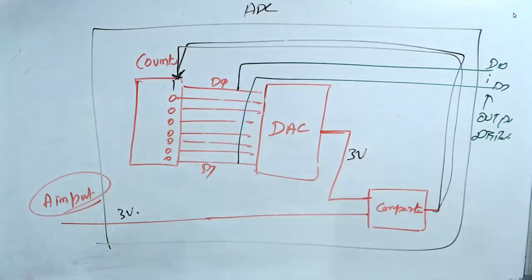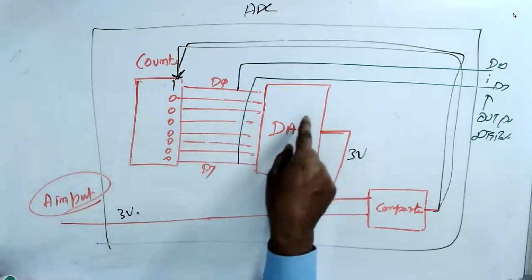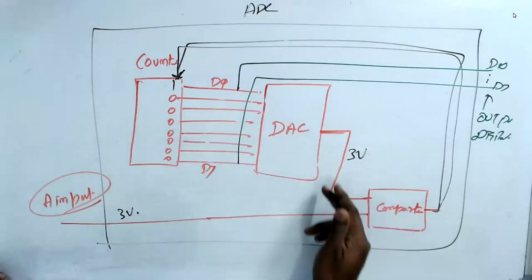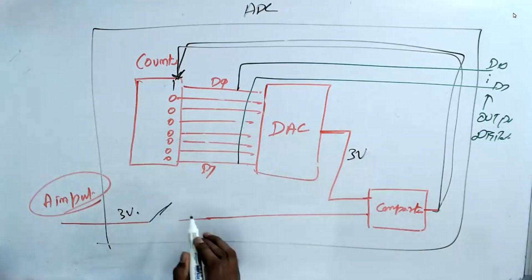But the problem is during this time, the input should not change. Am I right? If this input keeps on changing, this comparator will not do well. For that, they have a switch and a capacitor.